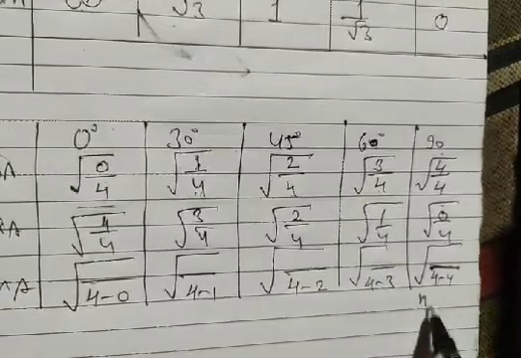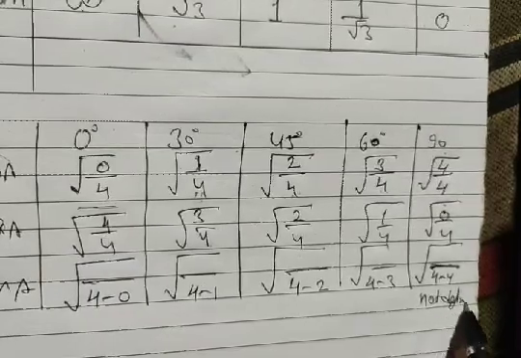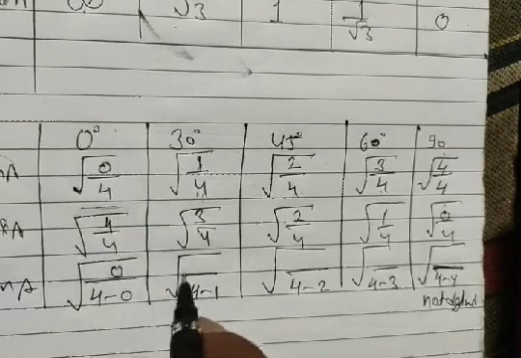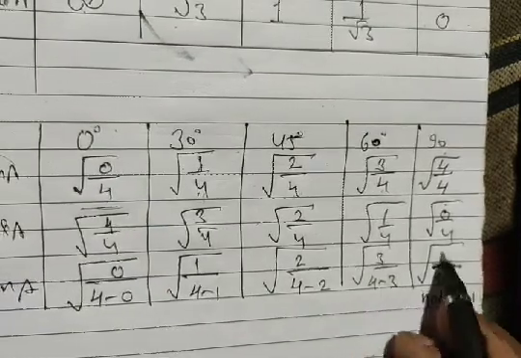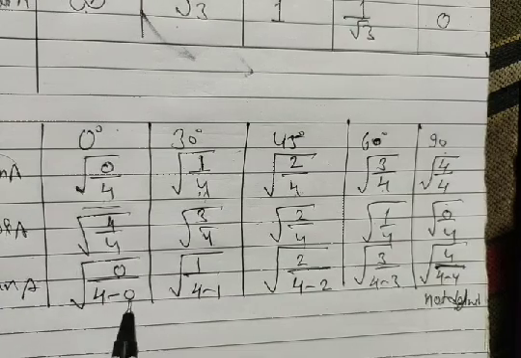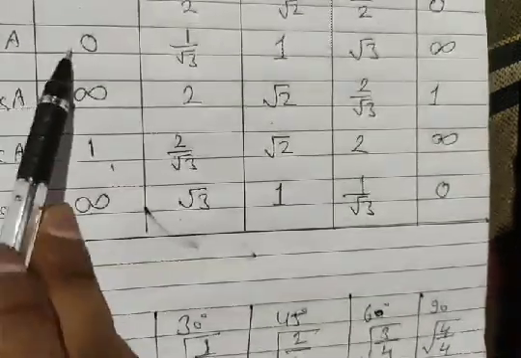Then this is our not defined case. Here we get not defined. And in the numerator, again we start with 0, 1, 2, 3, 4. Look, 4 minus 4 is 0, 0 by 4, 0. We get 0 here.